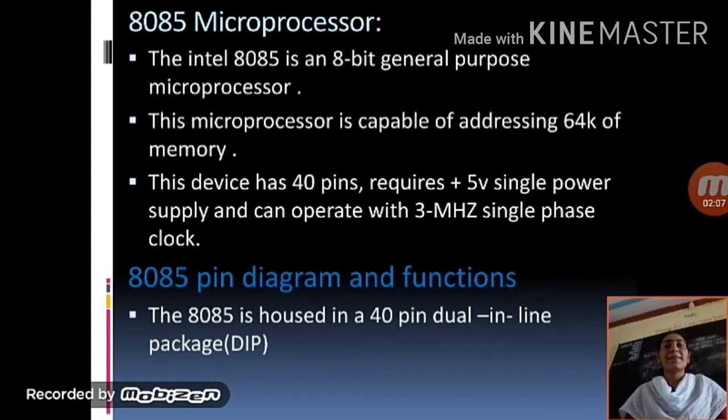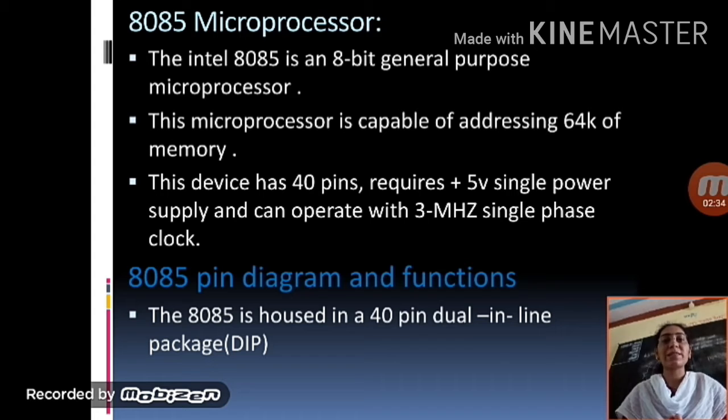Okay. Next is the 8085 microprocessor. The Intel 8085 is an 8-bit general purpose microprocessor. There are also 16-bit general purpose microprocessors, but the 8085 is an 8-bit general purpose microprocessor. This microprocessor is capable of addressing 64 kilobytes of memory.